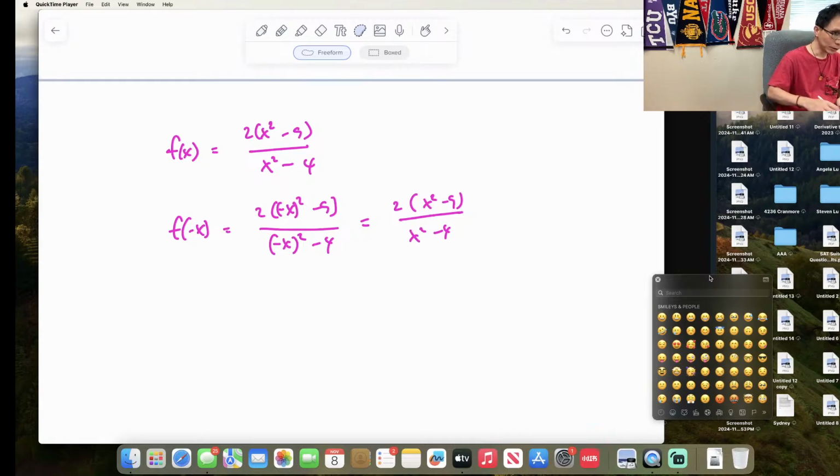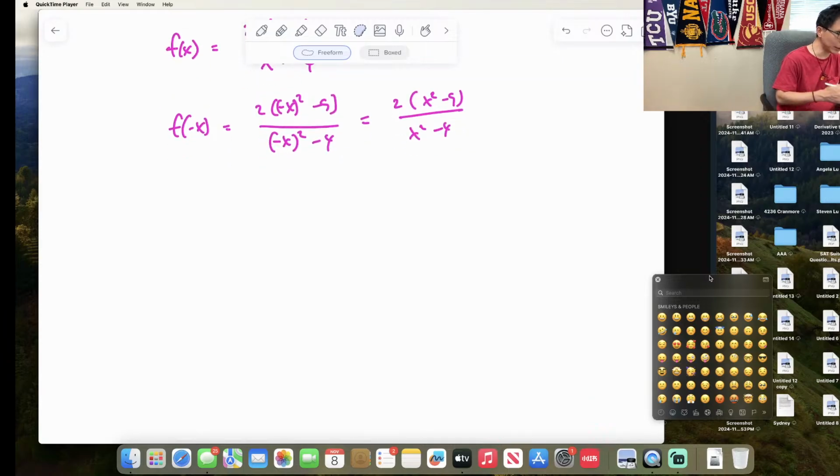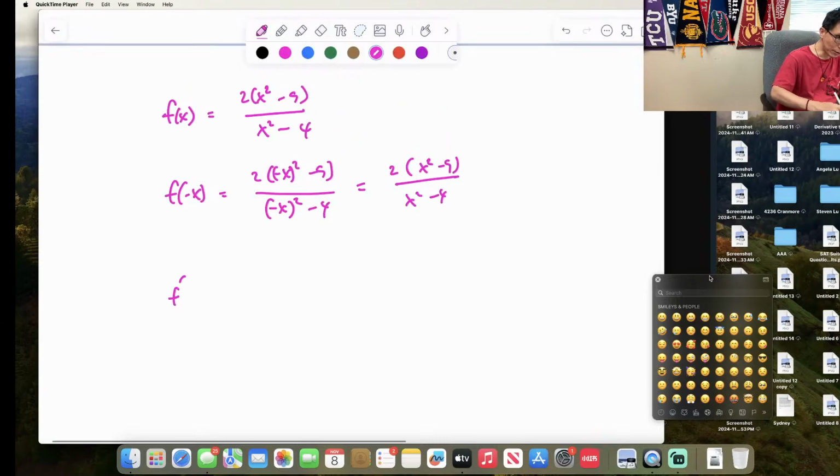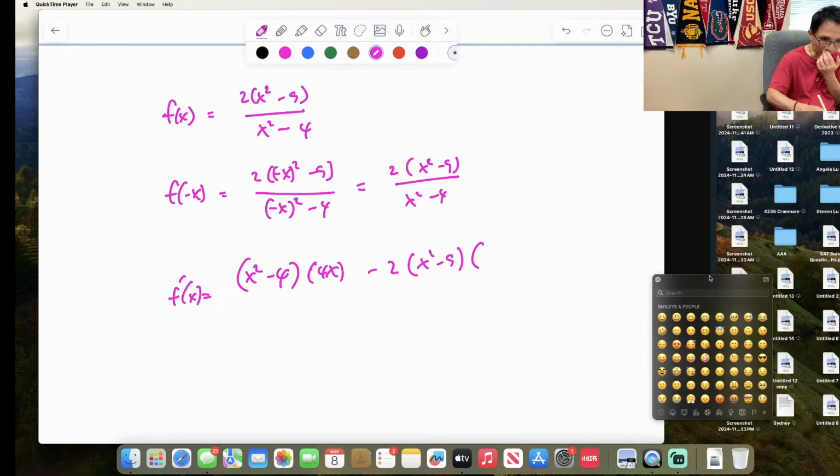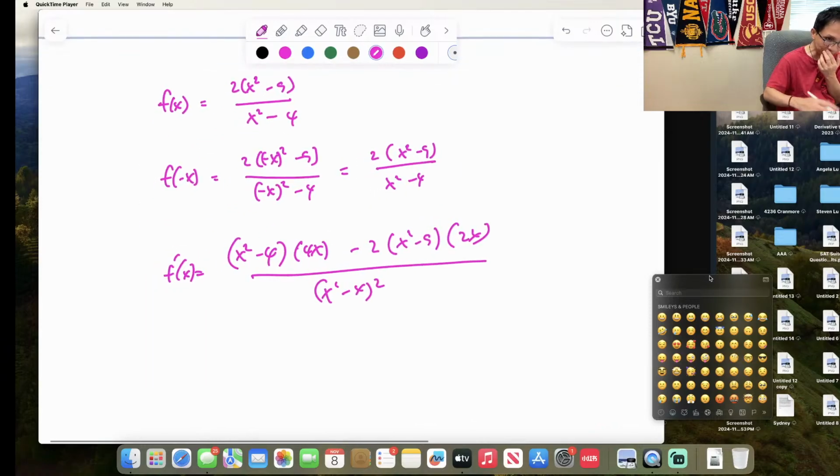Okay, so guys, you need to know how to take a derivative. If I take the derivative of the first one, it's going to be low d high, which is 4x, I think, minus high d low over low. And I will just distribute the top, so it'll be 4x cubed minus 16x.